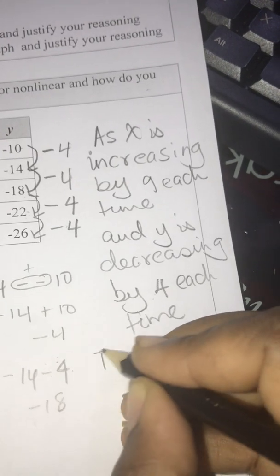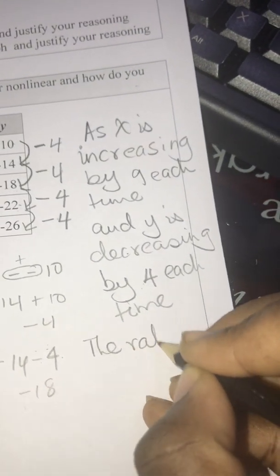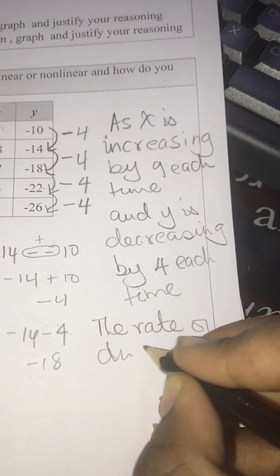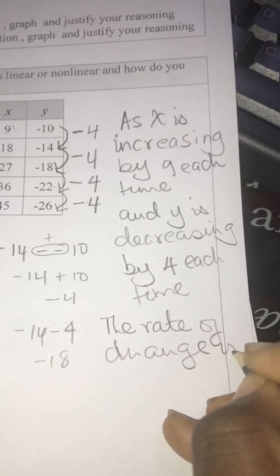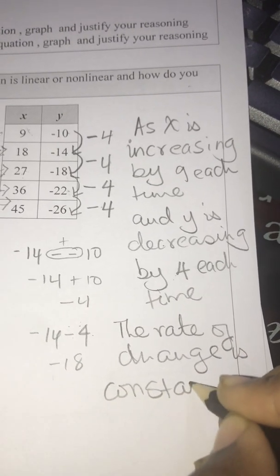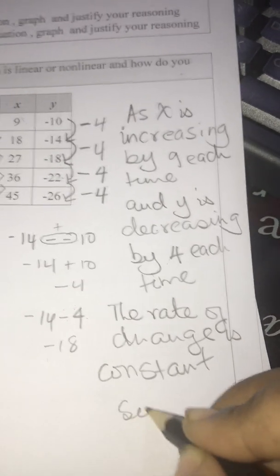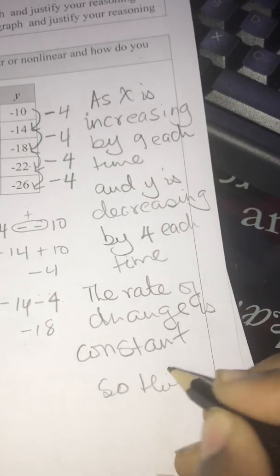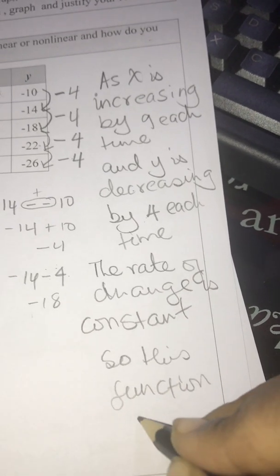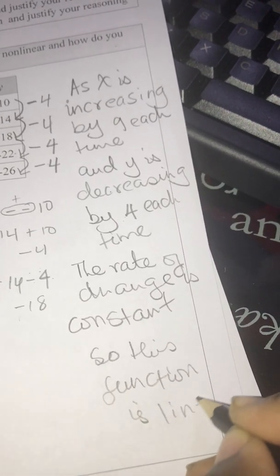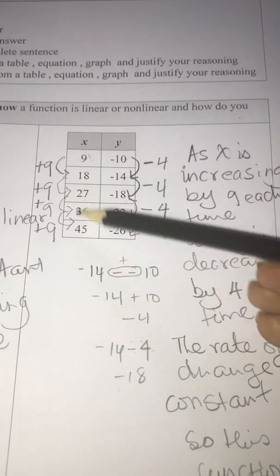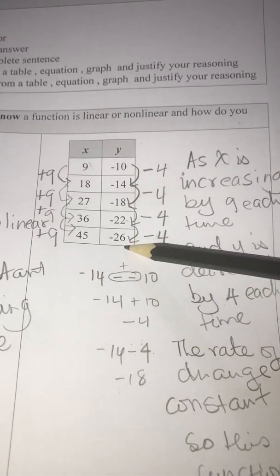The rate of change is constant. So this function is linear. When you're writing your justification, you have to talk about what is happening in x and what is happening in y.